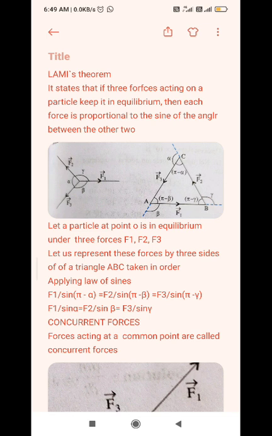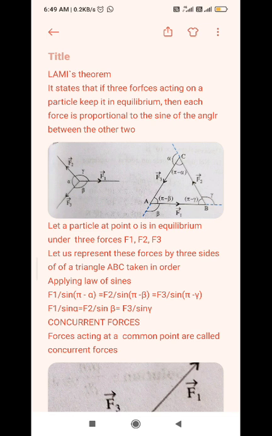So if we have forces F1, F2 and F3, then the angle between F1 and F2 is gamma, between F2 and F3 is alpha, and between F3 and F1 it is beta. So for force F1, the angle between the other two is alpha.